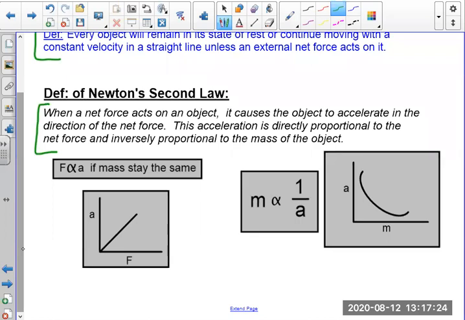Newton's laws. The main thing we must remember when we look at the second law is that force and acceleration are directly proportional to each other. When I talk about directly proportional, it means the greater the force, the faster the object will go. Let's think of an example.